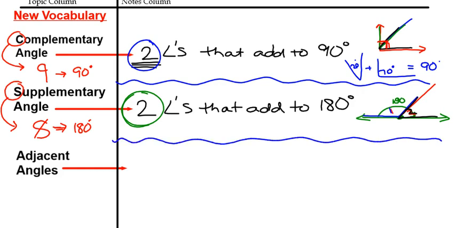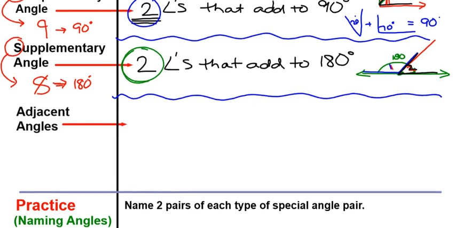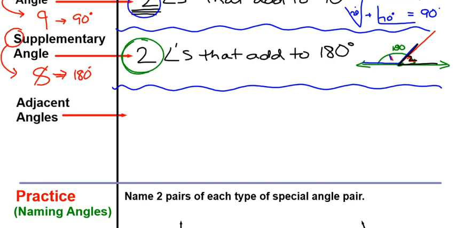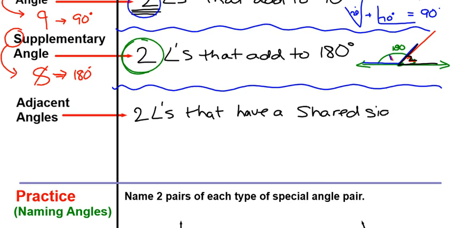Now the next name that we have are adjacent angles. And adjacent angles are 2 angles that have a shared side and a common vertex.